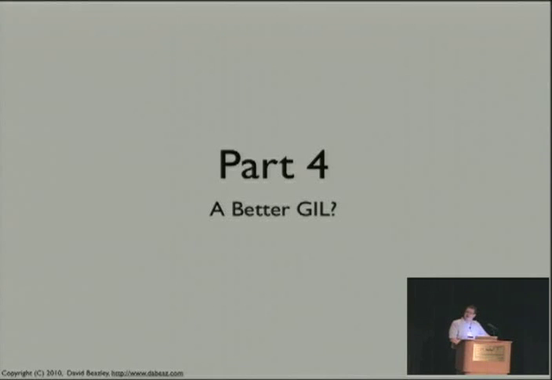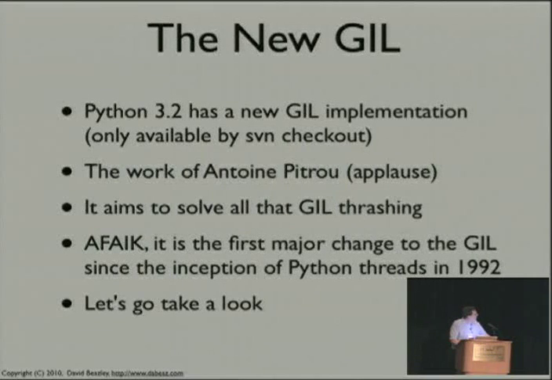Now, what I want to do in the last little part here is talk about the new GIL that has been implemented by Antoine. This is only available in Python 3.2, and it aims to solve that GIL thrashing. As far as I know, it's the only major change to the GIL since 1992.